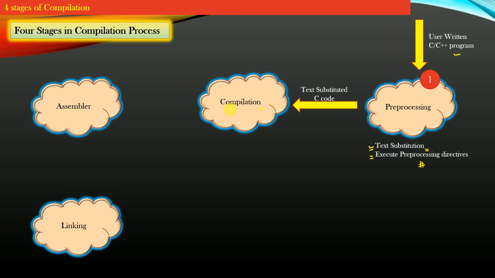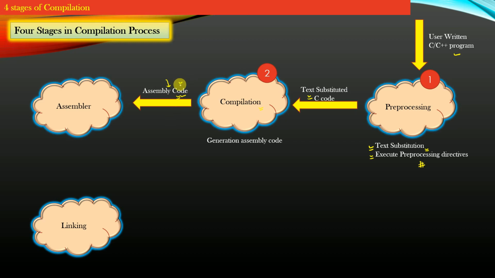So the input to this stage is the text substituted C code, and the compiler generates an assembly code as an output. Assembly is a programming language, and the compiler takes the text substituted C code as input and in turn generates assembly code, right?